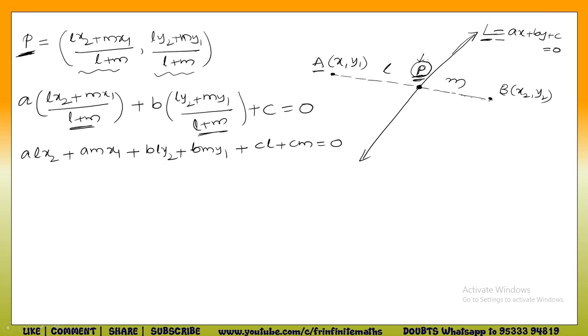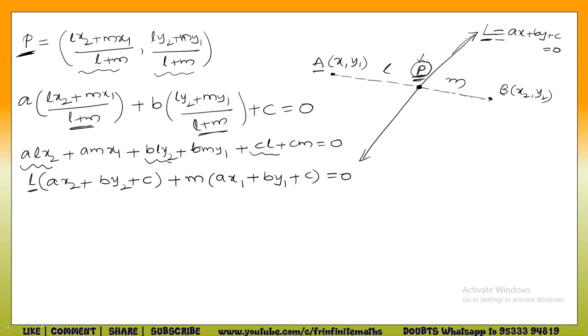Now from this, if I take L as common among all the terms, what I am left with is a into x2 plus b into y2 plus c. Plus, if I take m as common, I am left with a into x1 plus b into y1 plus c, equal to 0. Now I am interested in finding the ratio of L is to m. For that I am going to transpose this whole thing to the right hand side.